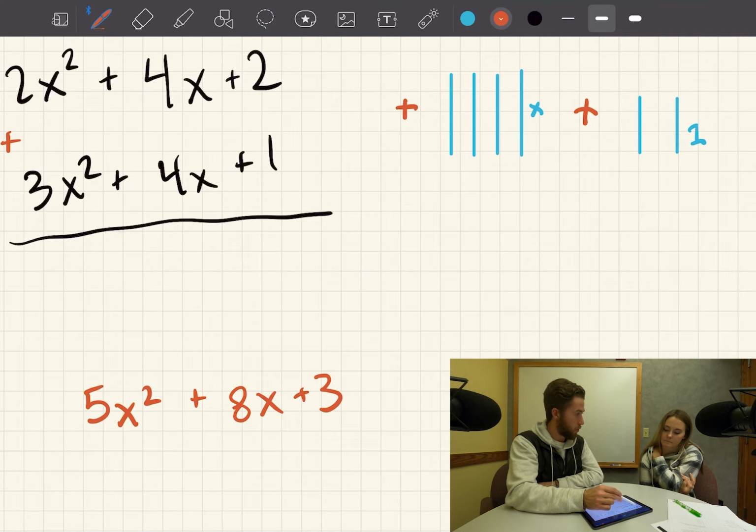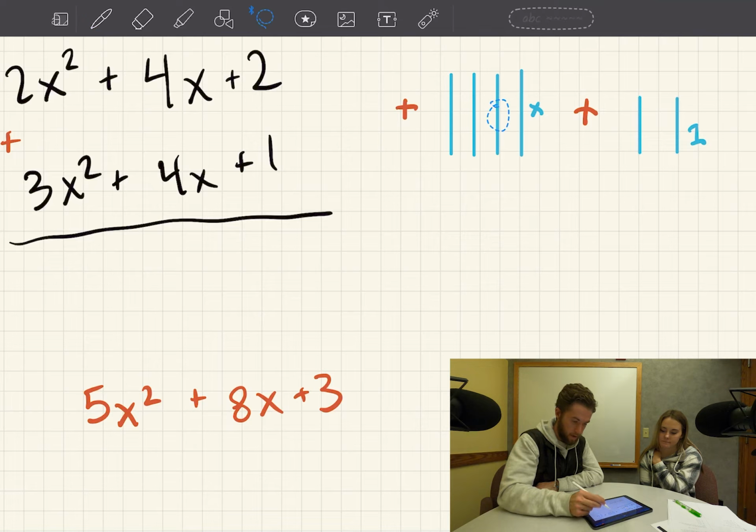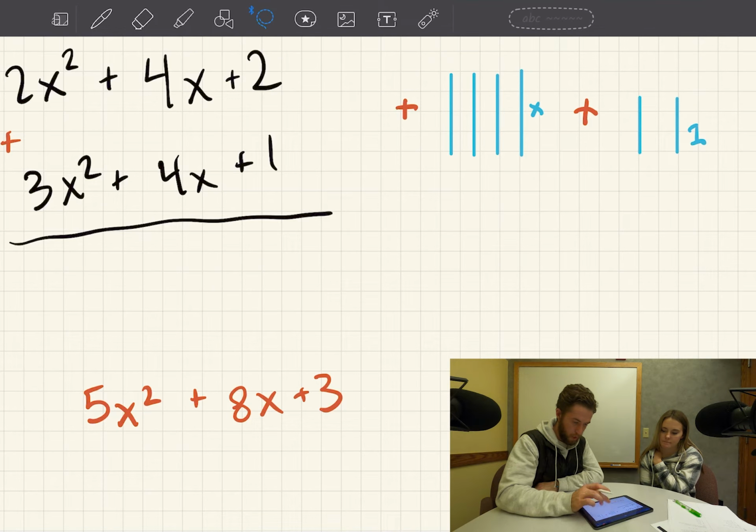Okay, now we need to have 2x squareds. So this is x, right? So I can actually take this x right here, and I'm just going to copy it, paste it. There it is. Okay, there's my x, and then I'm just going to paste it again, and I'm going to make x squared.